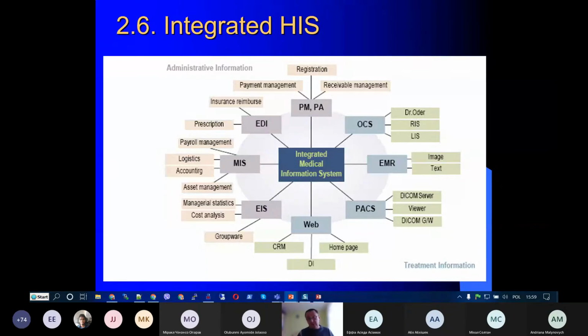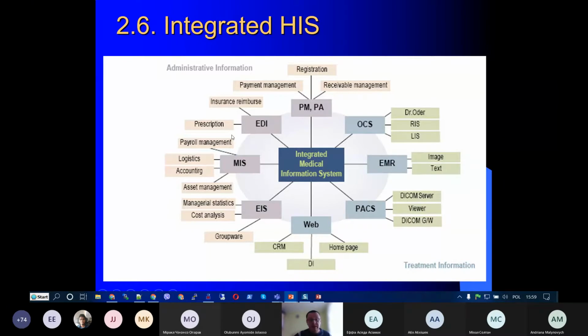So a more detailed representation of an integrated medical information system, or integrated hospital information system, is given on the following slide, which again lists the same components from the previous slide.